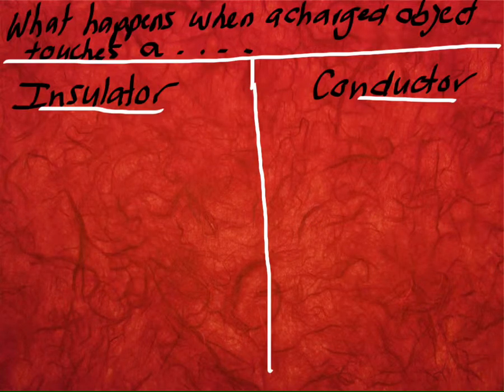So now the next question is, what happens when a charged object touches an insulator or a conductor? When I say charged, I gave you an example in class where I took a balloon and rubbed it on my body, and then I stuck it up to the wall, and it stuck.